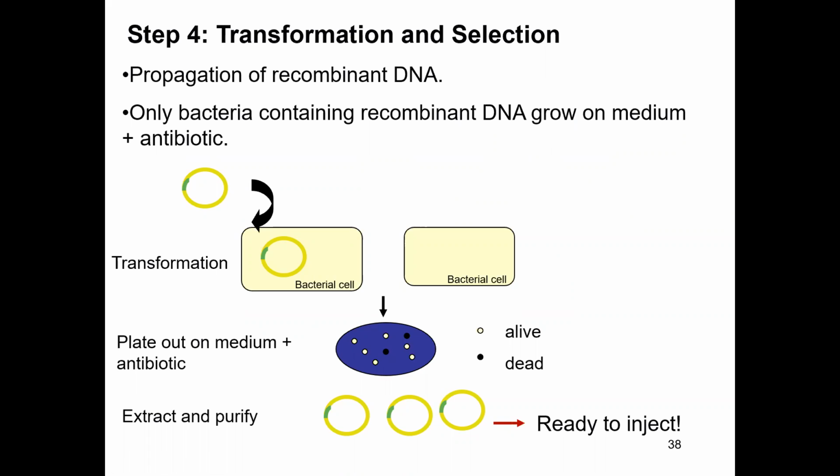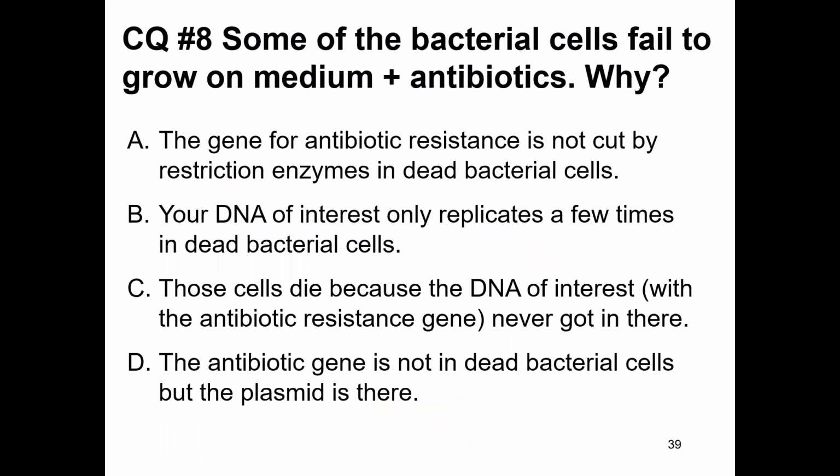Thinking back to Piglo, if it didn't pick up the plasmid, the cell can't live because the ampicillin, or whatever antibiotic, will kill it off on the plate. Only the colonies that are growing are the ones that have our plasmid. We can now grow up a bunch of it and extract it out and purify it, which I've done in class. And we could then inject it.